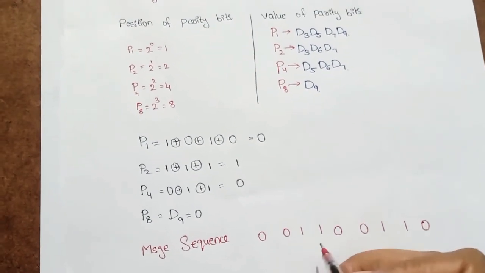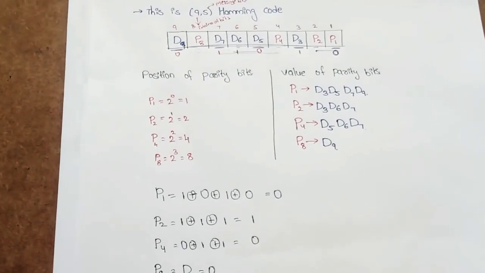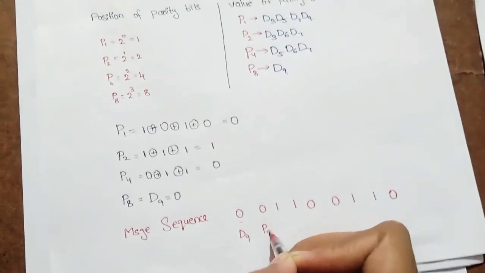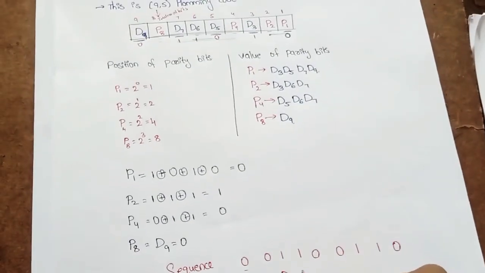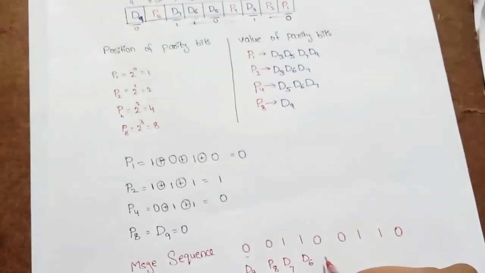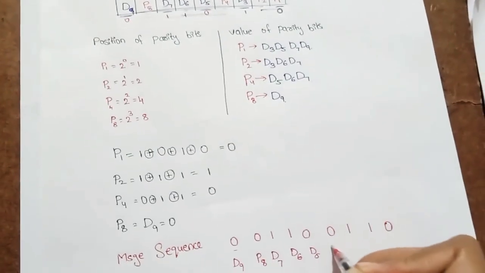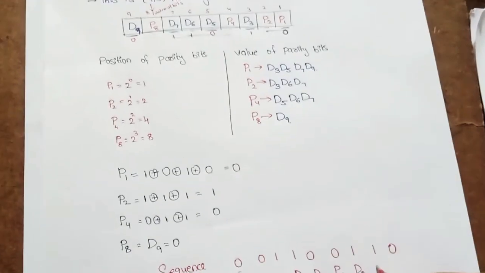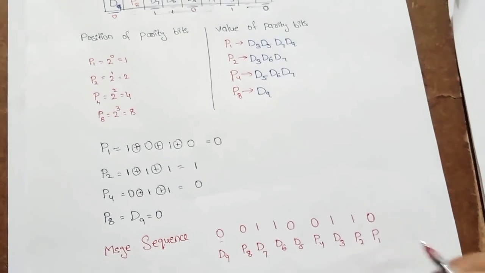Did you understand what I said? This is the value of D9, and this is P8, D7, D6, D5, P4, D3, P2 and P1.